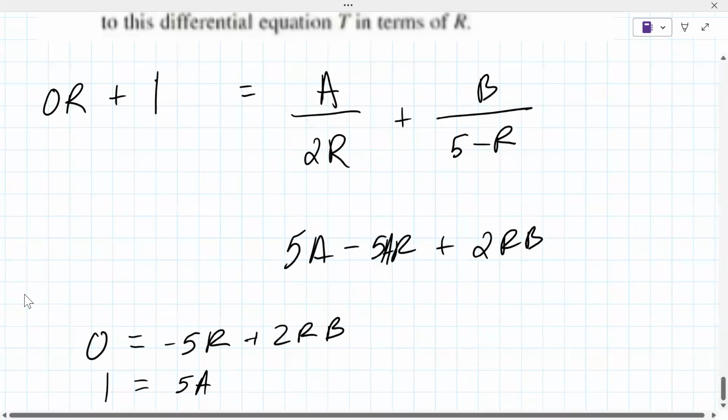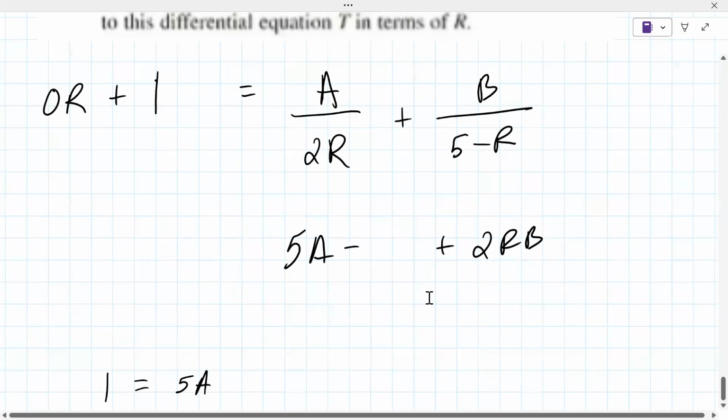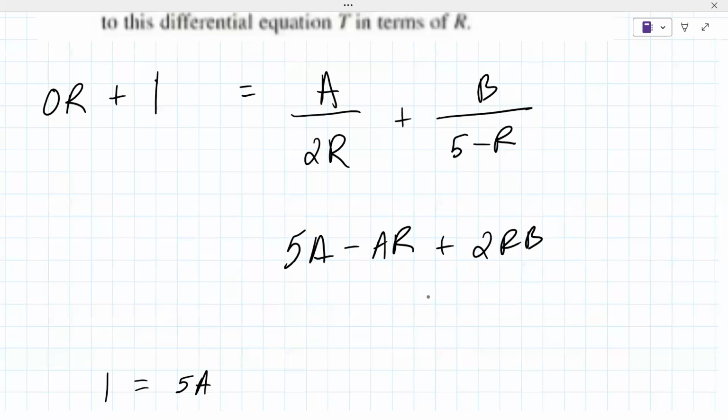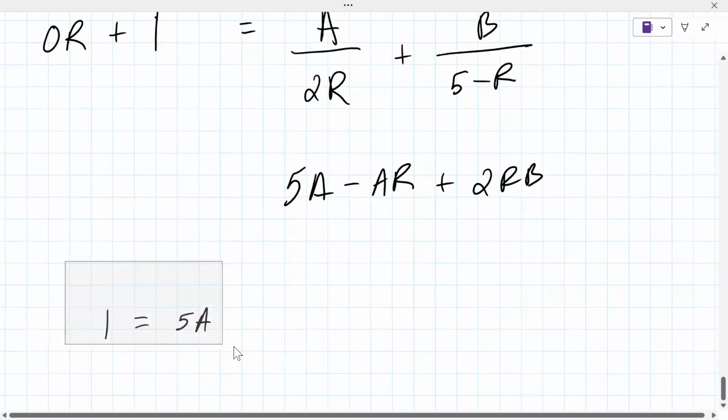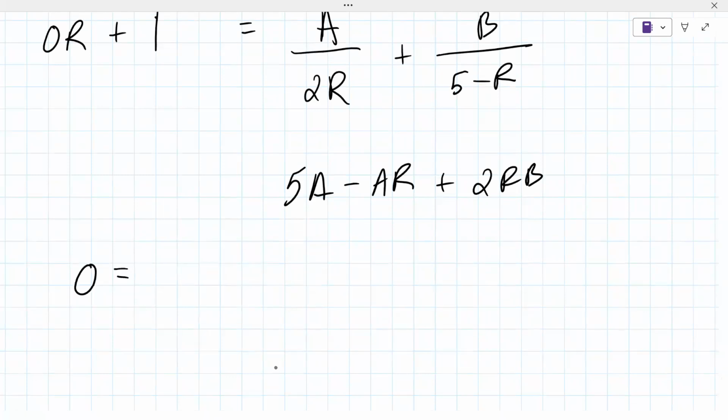Okay, there's the problem. Sorry about that. You have to multiply them both: 5a minus ar plus 2rb. And so you set the terms with r equal to 0. So minus a plus 2b equals 0. And then 1 equals 5a. And then you solve them.